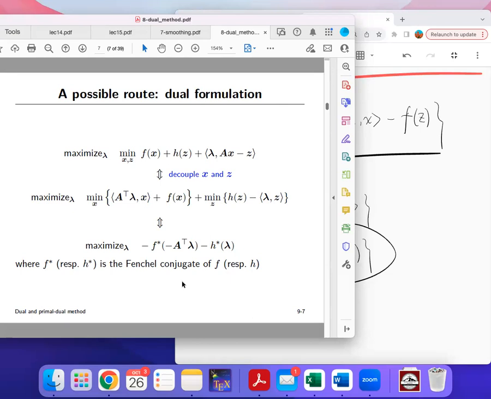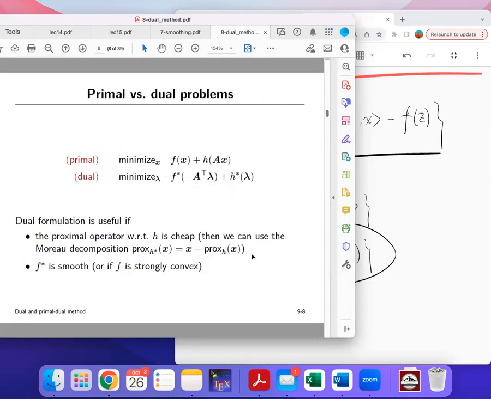And then you see that now this problem becomes a maximization problem over lambda. So this is called the dual form associated with the primal form.